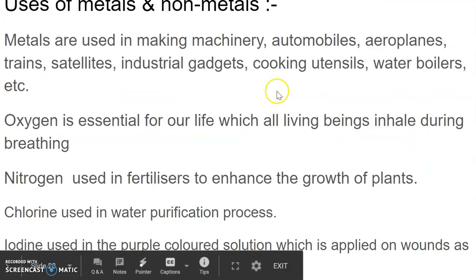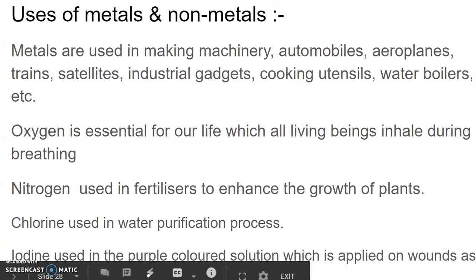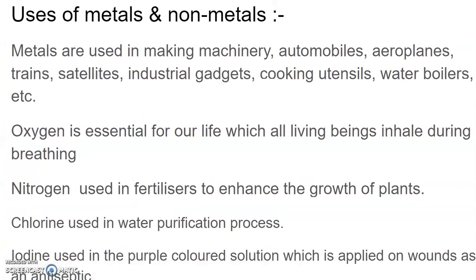So at last we are here to learn about some uses of metals and non-metals. Metals are used in making machineries, automobiles, aeroplanes, trains, satellites, industrial gadgets, cooking utensils, water boilers, etc. Here are some non-metals.